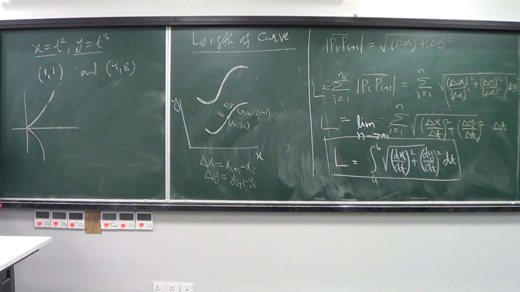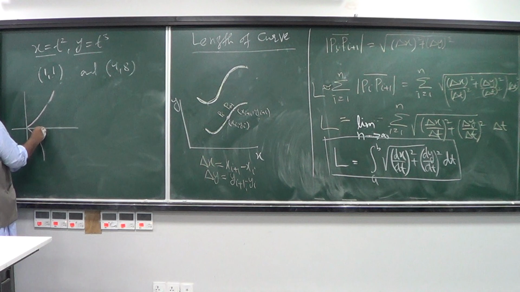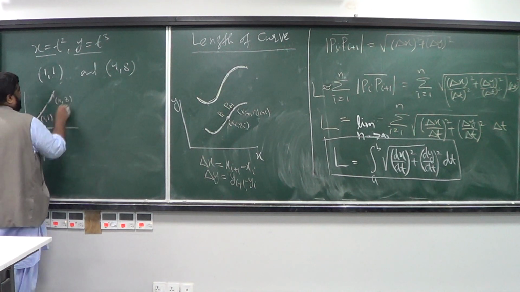We don't have to compute the curve of the entire segment, but we need to compute the curve between (1, 1), so this is (1, 1), and (4, 8), this is (4, 8).